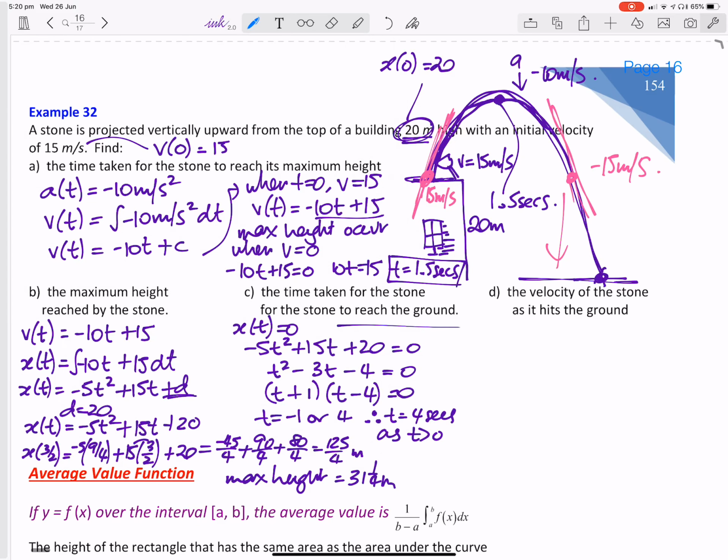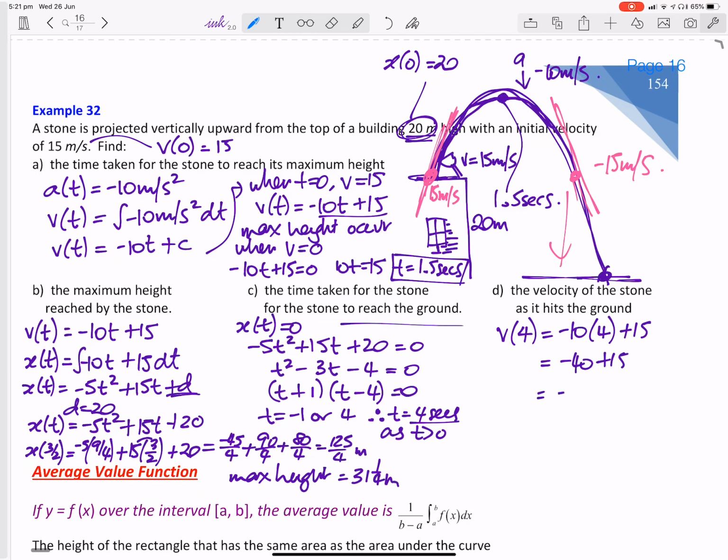So the velocity of the stone, so we want v of 4. So we sub that into our velocity, which is negative 10 times 4 plus 15, negative 40 plus 15, negative 25 meters per second. So that's the speed. When it hits the ground, it's going at negative 25 meters a second.